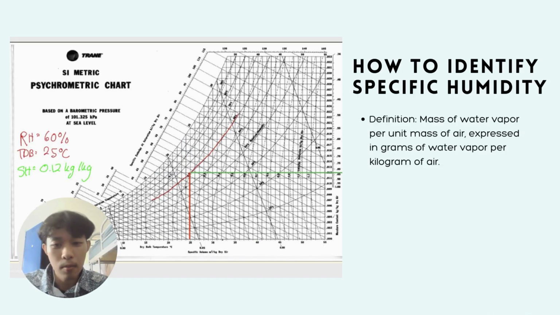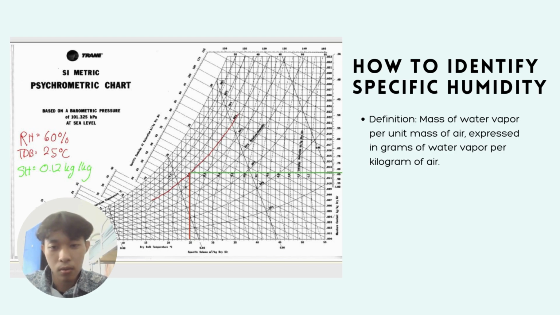Next, I will be presenting to you about specific humidity. The definition of specific humidity is the mass of water vapor per unit mass of air, expressed in grams of water vapor per kilogram of air. And the line for specific humidity is vertical to the right of the chart. Example, let's say that you have relative humidity of 60% and temperature dry bulb of 25 Celsius.